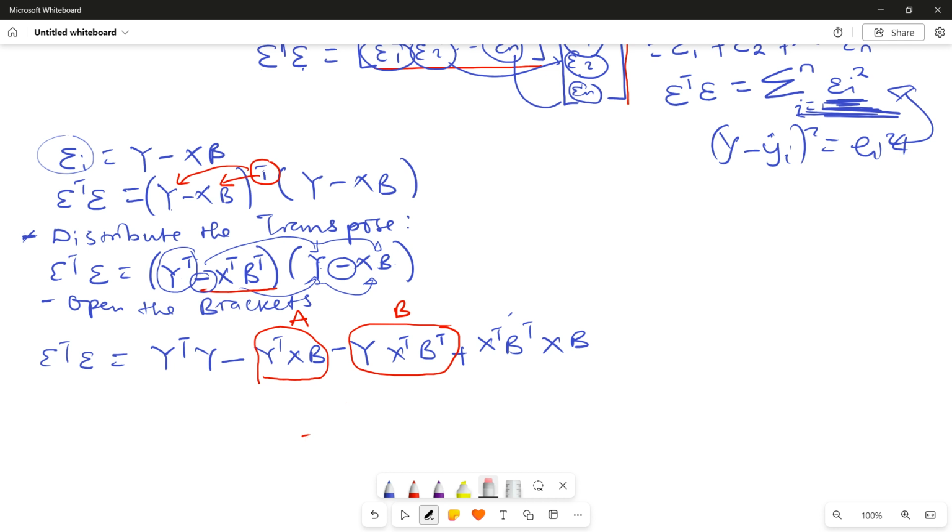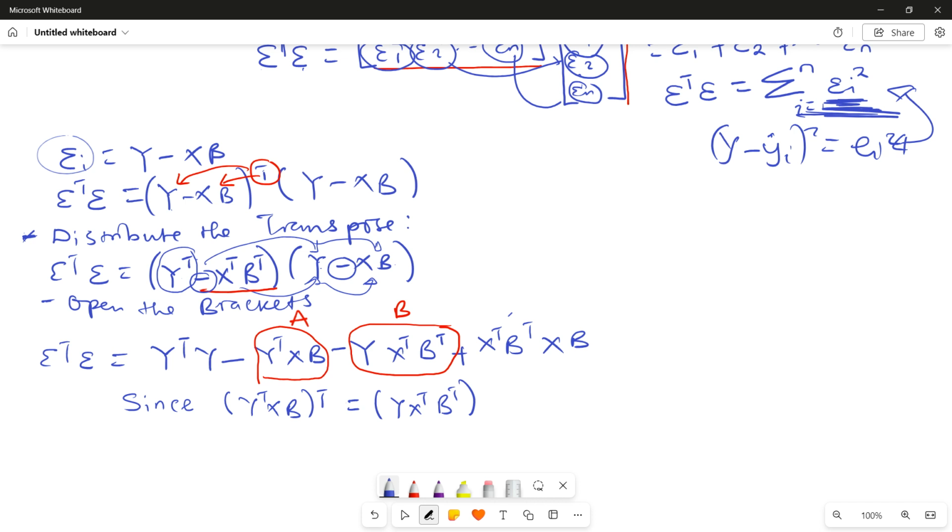If you take term A and transpose it, you get B, and if you take B and transpose it, you get A. Since y transpose xb, when transposed, gives us y x transpose b transpose, the two are equal.